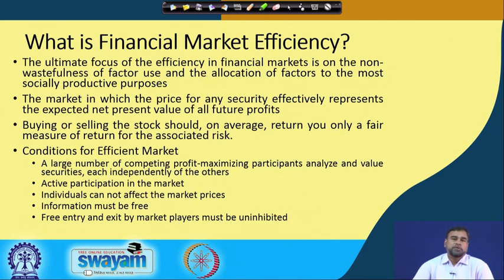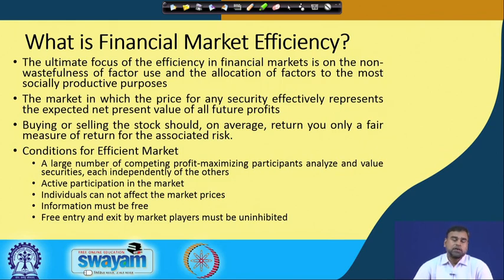The narrow definitions deal with things related to a particular market, and there are some definitions which link to the aggregate economy, or the whole financial system as a whole. Here, the first point: the ultimate focus of the efficiency of the financial market is on the non-wastefulness of factor use and the allocation of the factors to the most socially productive purposes.